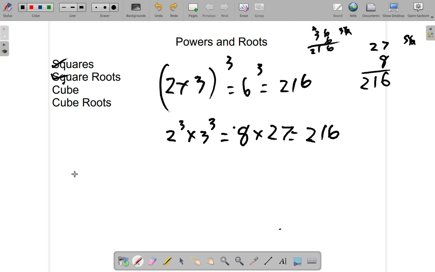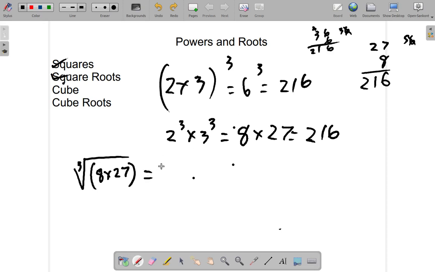Alright? Now let's try the cube root of 8 multiplied by 27. Now you can use a calculator to find the cube root. There's a cube root sign on the calculator, but if you multiply 8 by 27, it will give 216, and then you find the cube root of that.